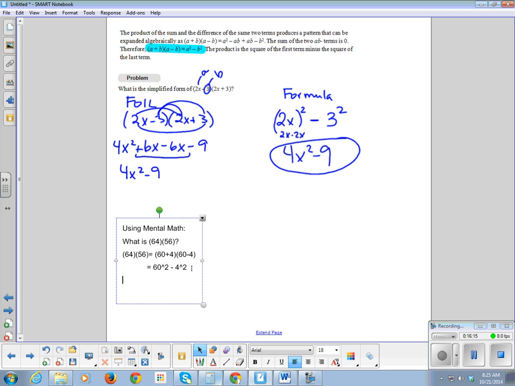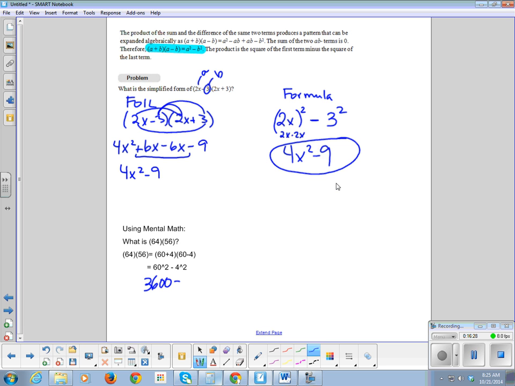So that's 60 squared, which in our case, 6 times 6 is 36. And because I have the 0, I add 2 zeros onto it. And 4 times 4 is 16. So that would be 3,584.